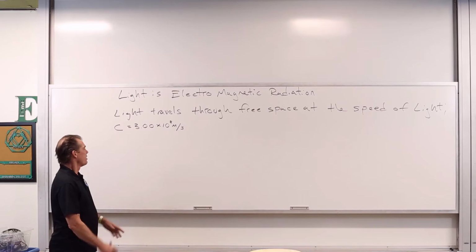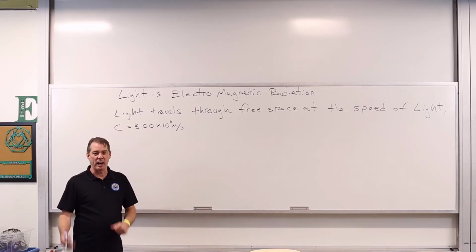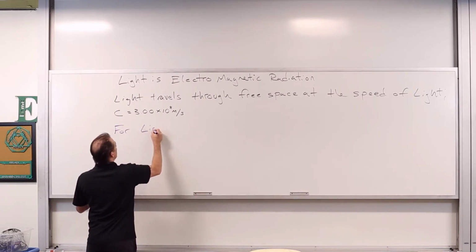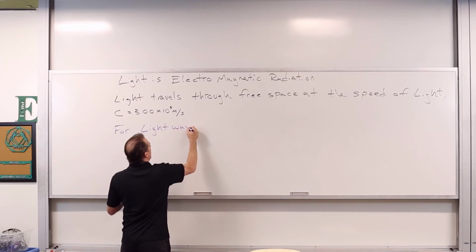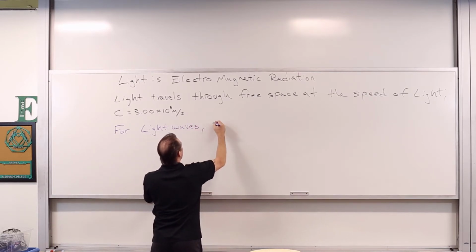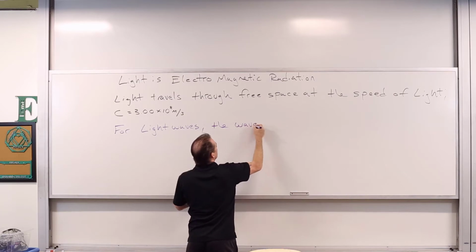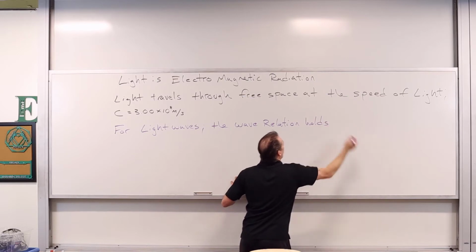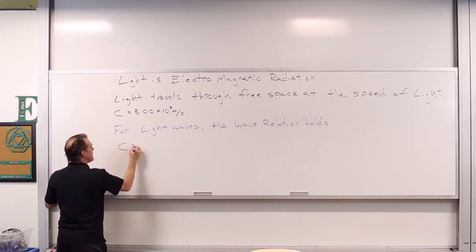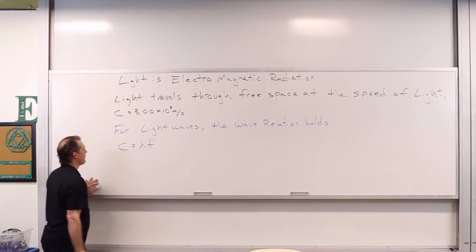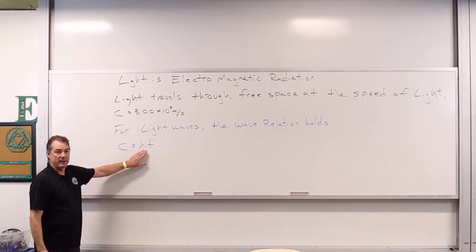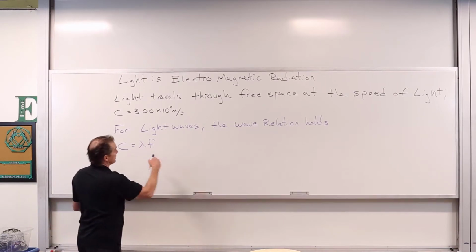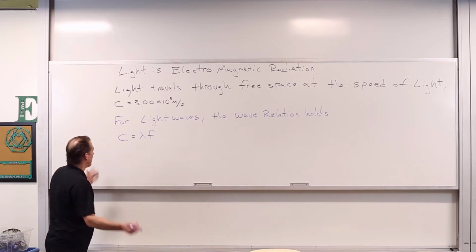So generally we just talk about the wavelength of light, and note that for light waves the wave relation holds, and that is c is equal to lambda f. c is the speed of light, lambda is the wavelength of light, and f is the frequency associated with that light, the frequency of the oscillation of the electromagnetic field.